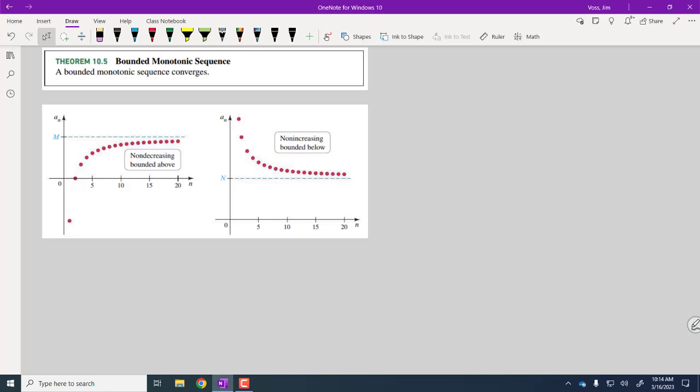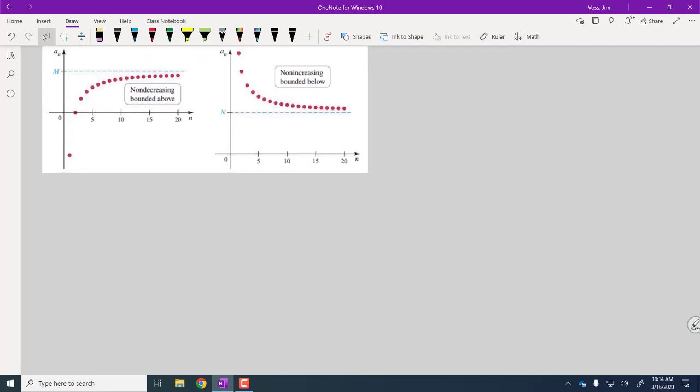So it's true that this is bounded below, but an increasing sequence bounded below doesn't necessarily converge. Do you agree with that? Here's a picture of an increasing sequence, and it's bounded below because it started right there. There's a lower bound. That doesn't mean that it's going to converge. It's not going to have a limit.